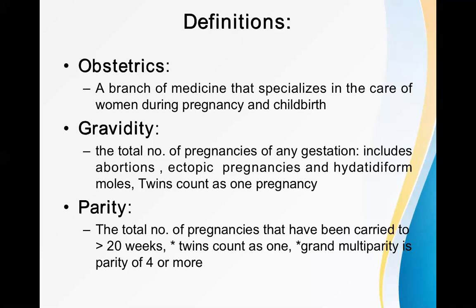But now, because of the advances in obstetrics, or advances in medicine, I should say, the period of viability is decreasing, and that is a good thing for us, because even if the baby is delivered at 20 weeks, there is a high chance that that baby can survive. So this is the meaning.